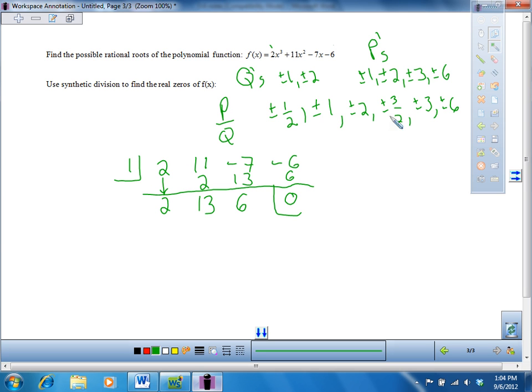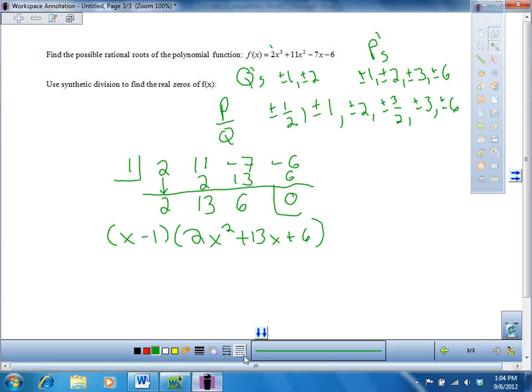Okay? So far, what I have is this equation factors to x minus 1 times, these are the coefficients of what's called the reduced equation, or the quotient, 2x squared plus 13x plus 6.